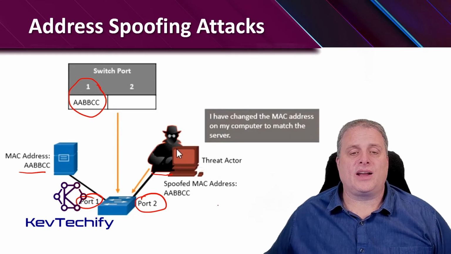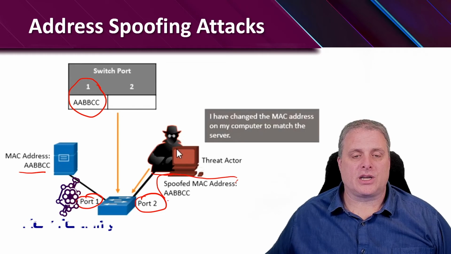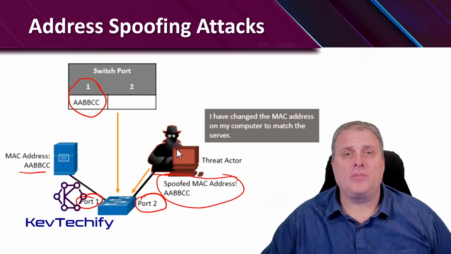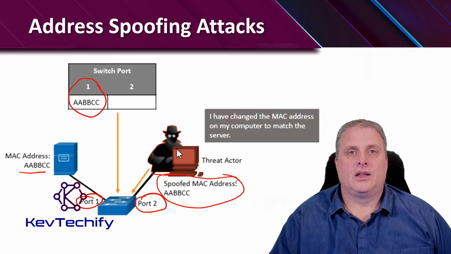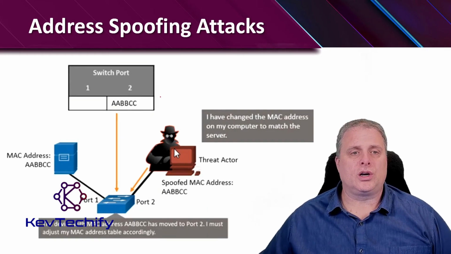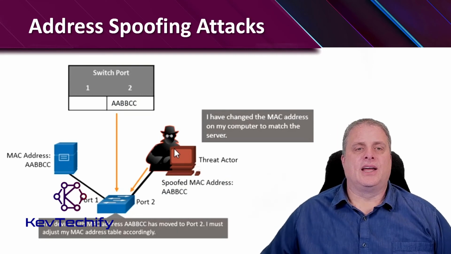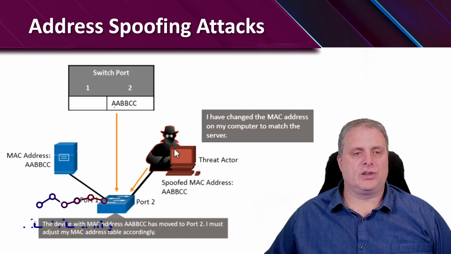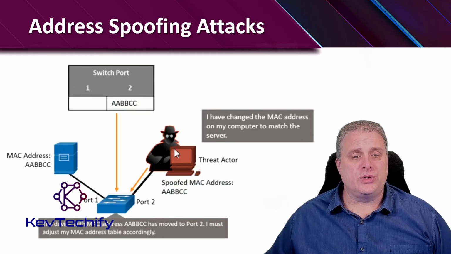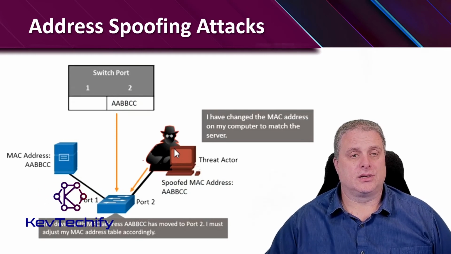But if a threat actor spoofs the MAC address of the server and pretends to become the server, then communicates to the switch, then the switch will learn that the MAC address associated with the server, AABBCC, is now coming in on port 2, the ingress.